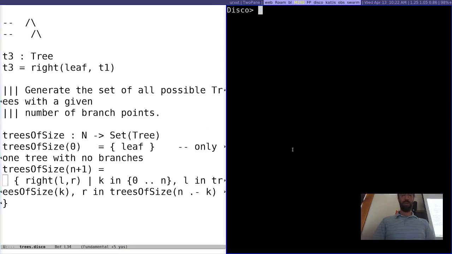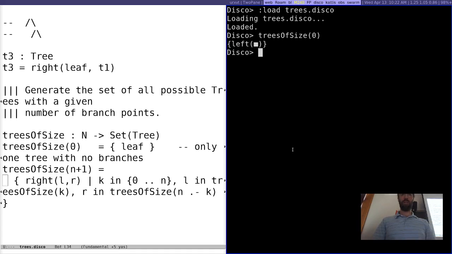Well, we can try it out, right? So if I load this, I can say trees of size 0. That makes sense. It's just a leaf. Trees of size 1. There's that one tree, it's a pair of leaf and leaf.